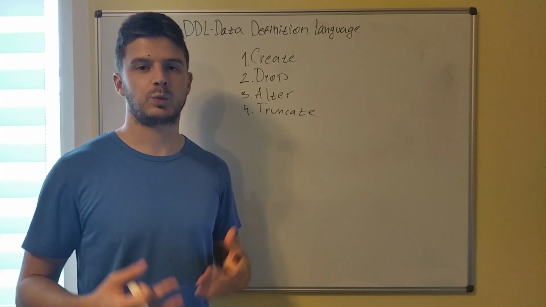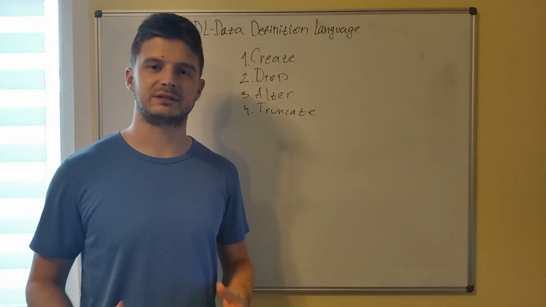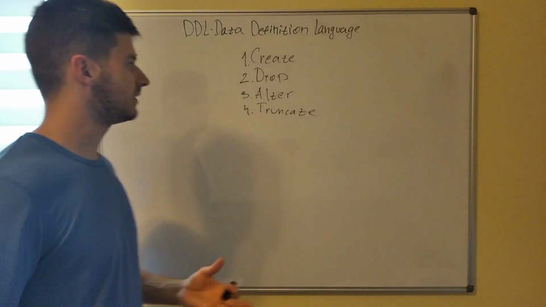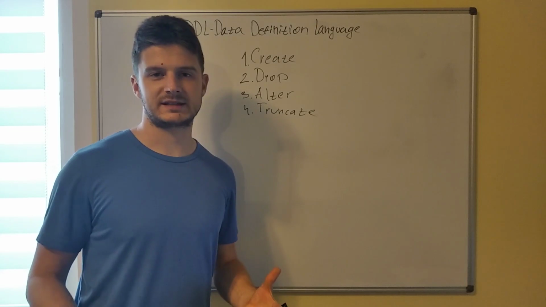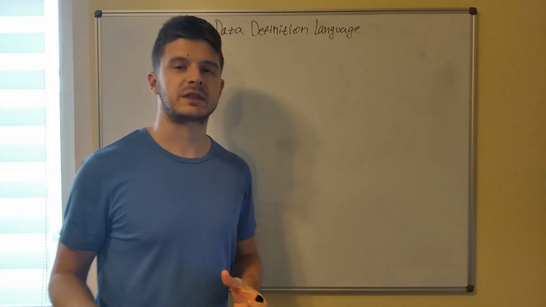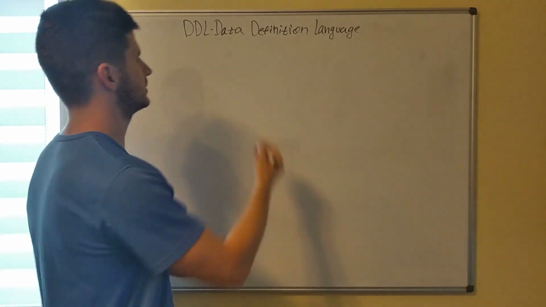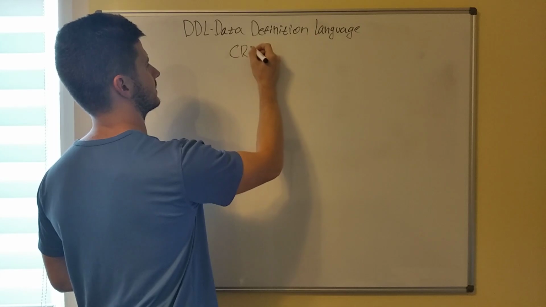So, the create statement. What we're going to do first is, of course, we want to be able to build the database itself, to make it so. For that purpose, we can use a create database statement. So let me just clear out the whiteboard. So statement number 1, create database. So how does this statement look like? Really simple.